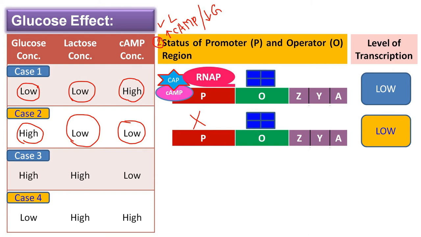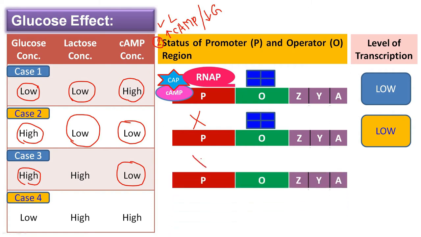Now case 3, here the glucose is high, like the second case. The level of cyclic AMP is low, and due to this low level of cyclic AMP, the RNA polymerase will not bind to the promoter efficiently.